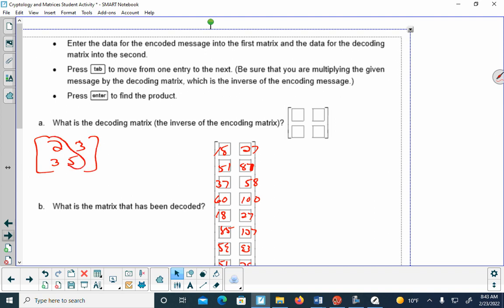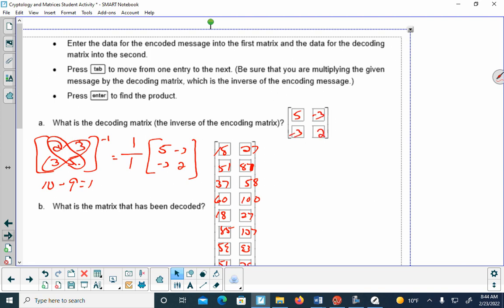I take 2 times 5 and get 10, minus 3 times 3, which is 9, and that's going to be 1. To find the inverse, I multiply by the reciprocal, 1 over 1, which is 1. Then remember, these two switch places: the 5 will come here, the 2 will go here. Then the signs on the 3's will change. They both were positive, so now they're both negative. So my decoding matrix is 5, -3, -3, 2.